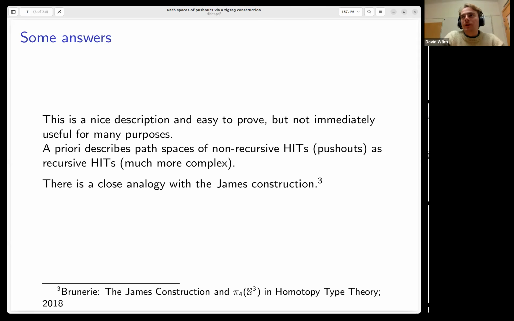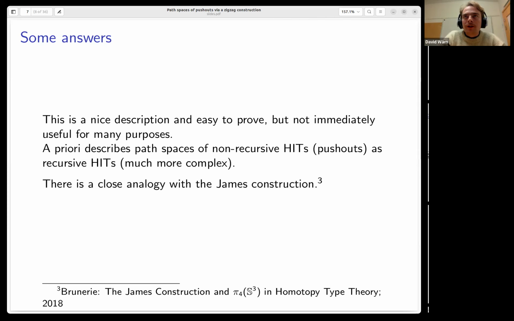So in particular, it's not clear that you could iterate this construction to get an understanding of the higher path spaces. And the recursiveness comes from this equivalence E going between two of the types that are being inductively generated. So if you think of E as a map, it's a recursive map from P to Q, and together with its inverse from Q to P, so you can go back and forth.